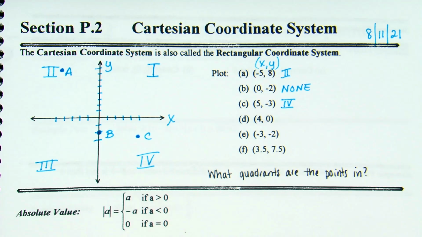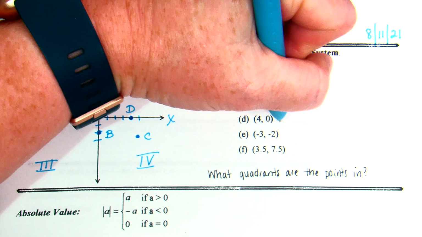Where is 4, 0? 4 tells us to go right 4. 0 tells us to stay. I'm going to call that point D. What quadrant is point D in? It's not. Okay. You could say it is on the border between quadrants 1 and 4. It is on the x-axis, but for my purposes, I'm going to say no quadrant.